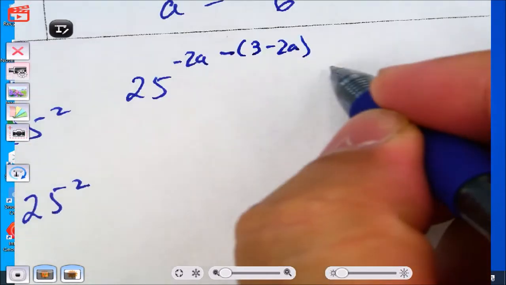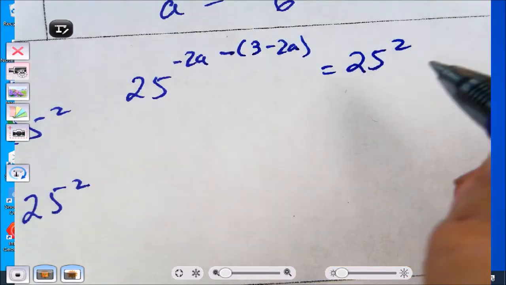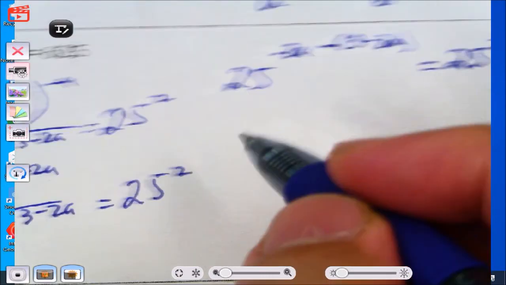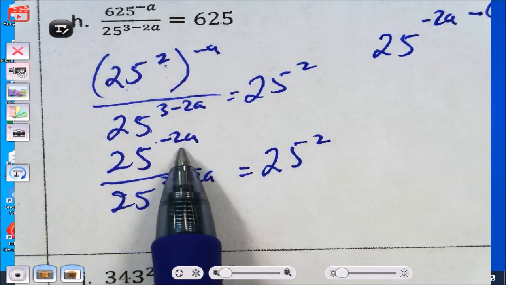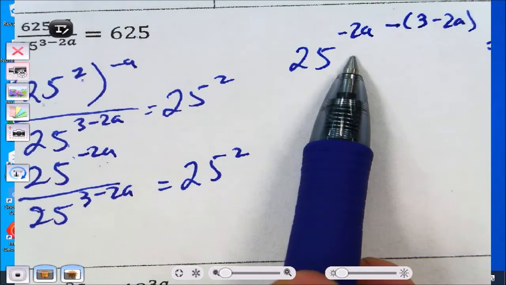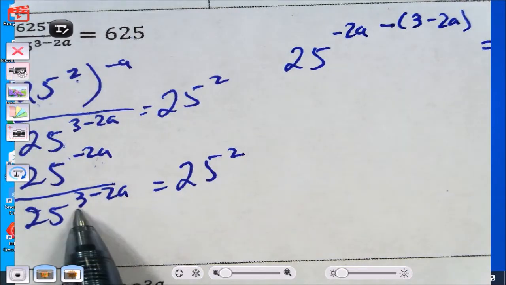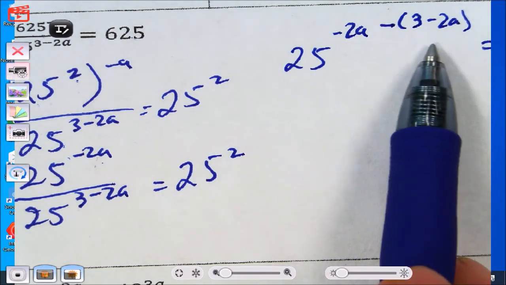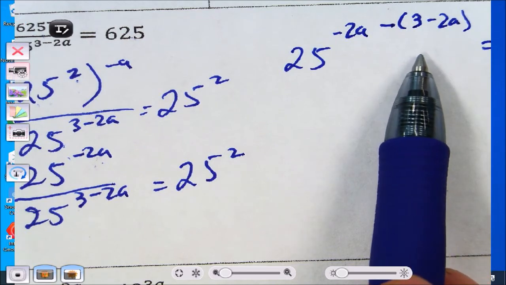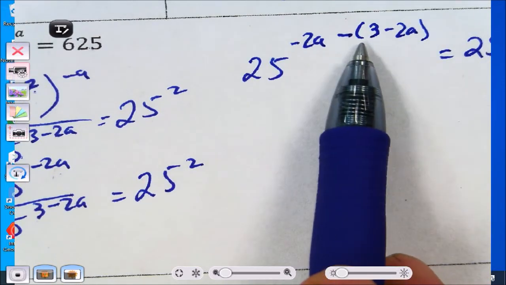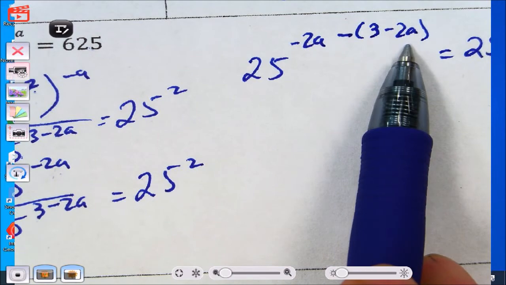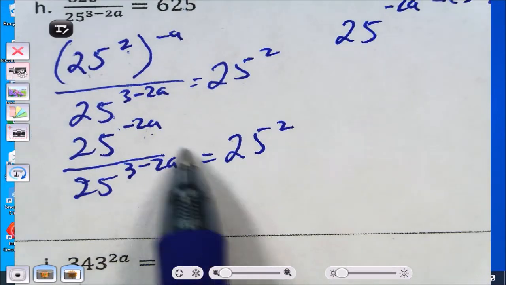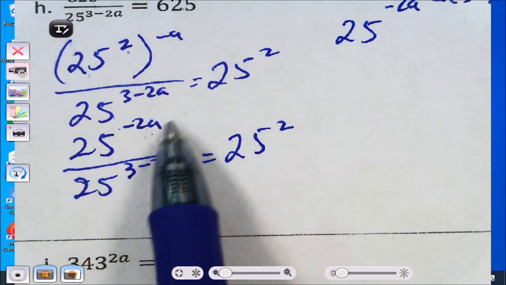And that's going to equal 25 to the second power. Hold on, what? All I did was write negative 2a, the top exponent, minus the bottom exponent. Where would the 3 go? It's right there in the parentheses. Minus parentheses 3 minus 2a. I am subtracting the bottom exponent from the top exponent.